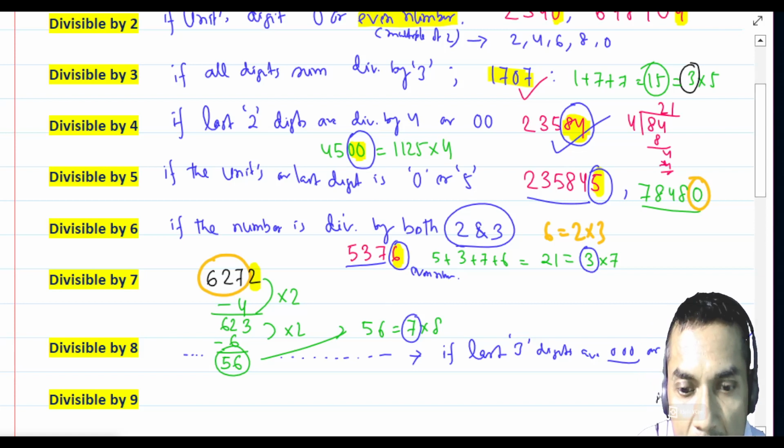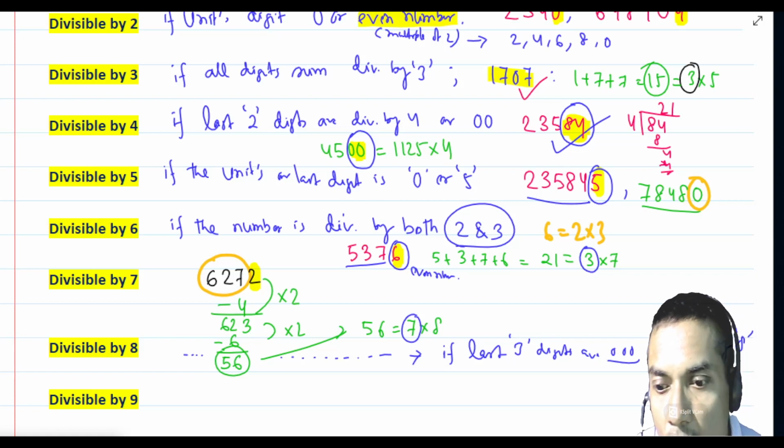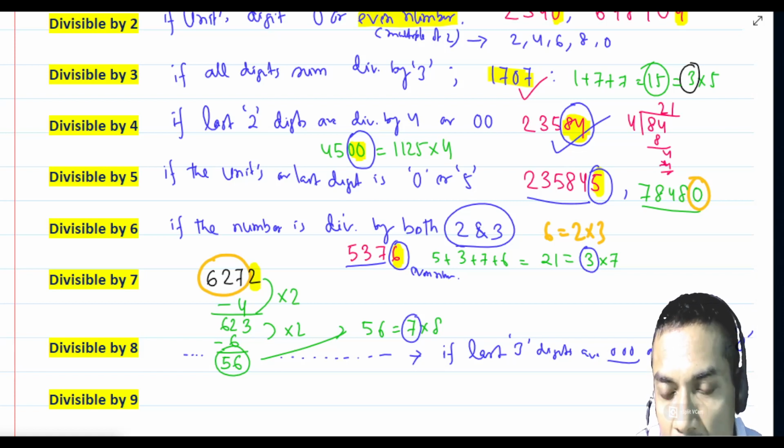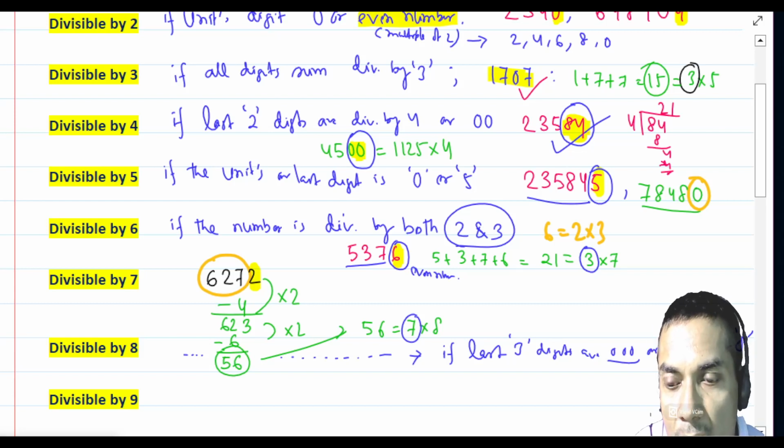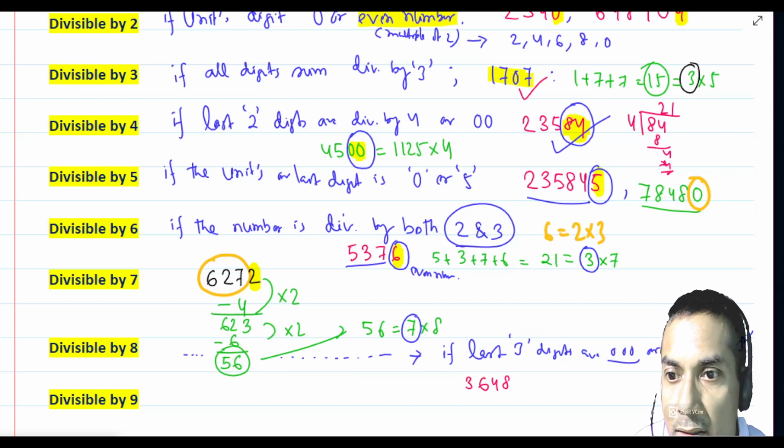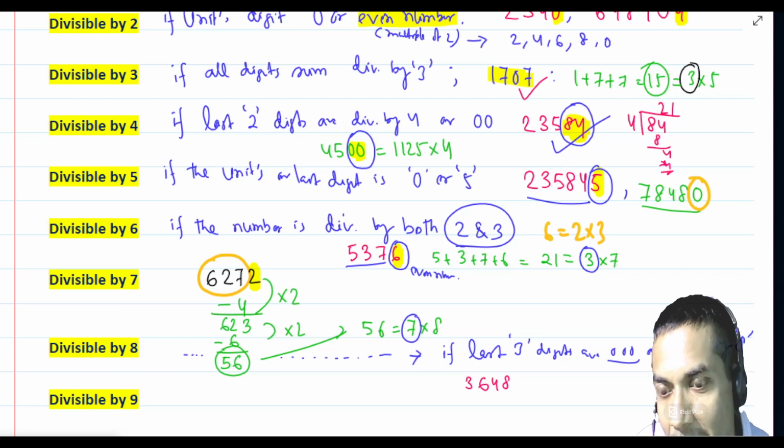For example, 3648 divided by 8. It is divisible by 8. Why?